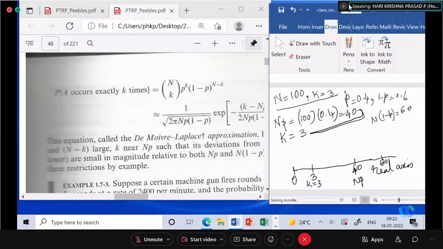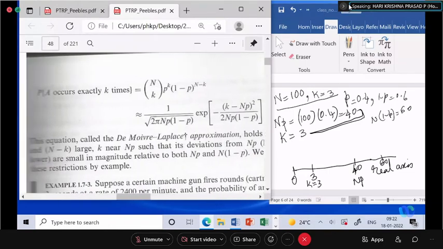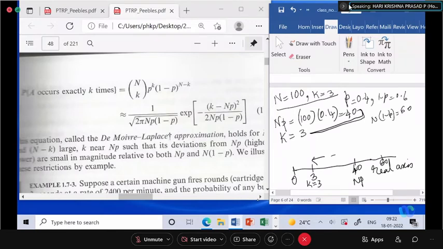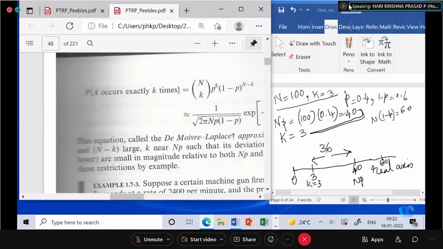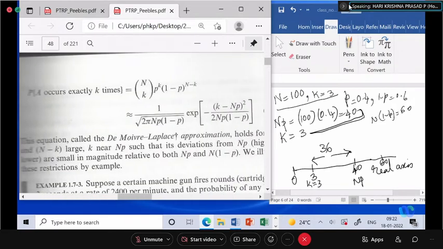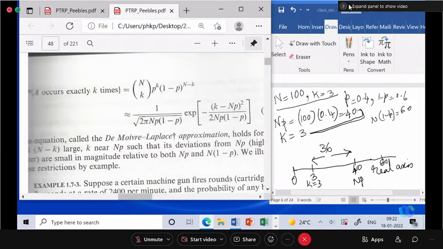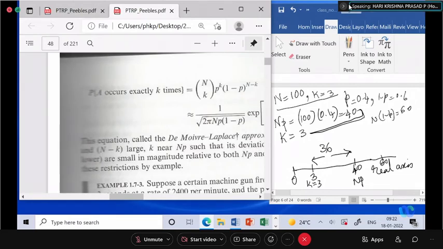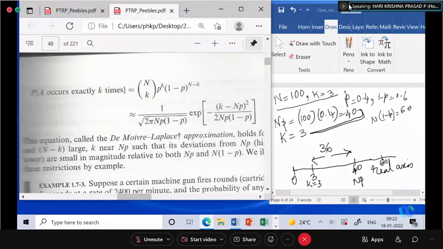Such that its deviation of k from np. What is the deviation of k from np? This is the deviation of k from np. So it is 37. That deviation from np, higher side or lower side, are small in magnitude relative to both np and n into (1 minus p).